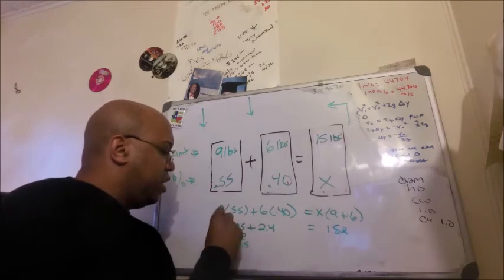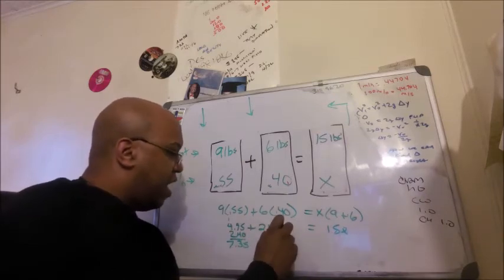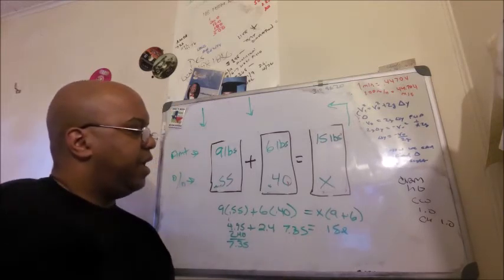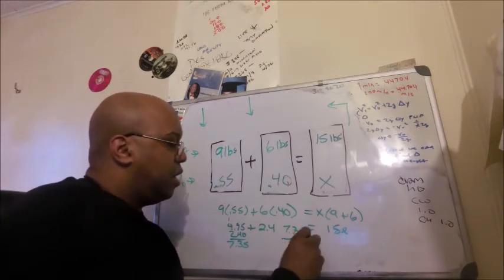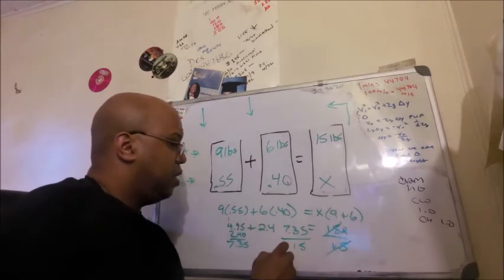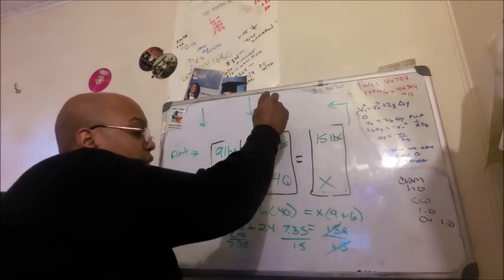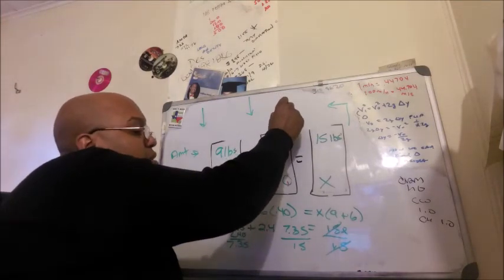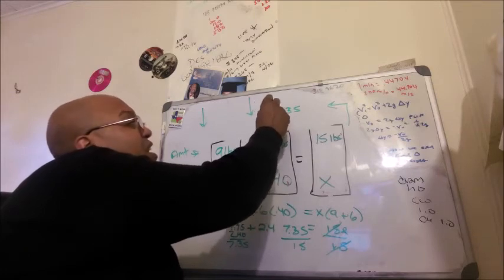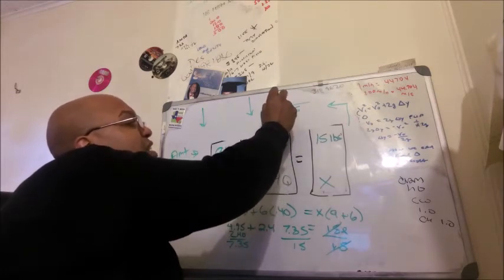7.35. And I'm with you there. And then we divide both sides by 15. Okay, that's where I made a mistake. You can laugh if I told you what I did there, but I see what I did wrong.